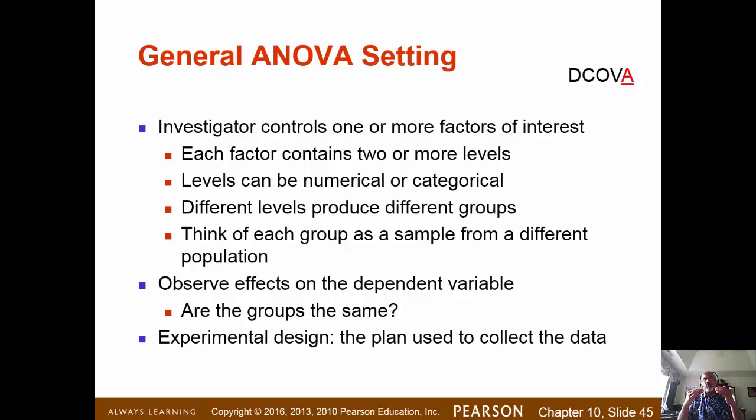You might wonder, why is it called analysis of variance if we are testing whether the means are equal? Shouldn't it be called analysis of means? Well, not quite, because what we're going to do to test those two hypotheses, whether all the means are same or at least one is different, is look at the variance of the condition when all the means are same, and the variance if the condition is at least one mean is different.